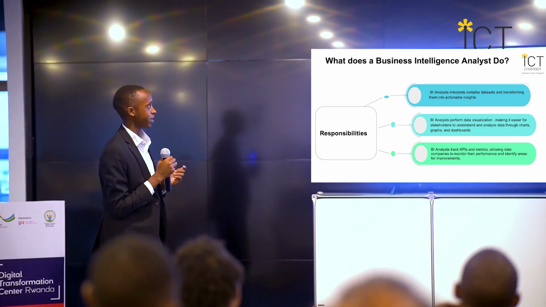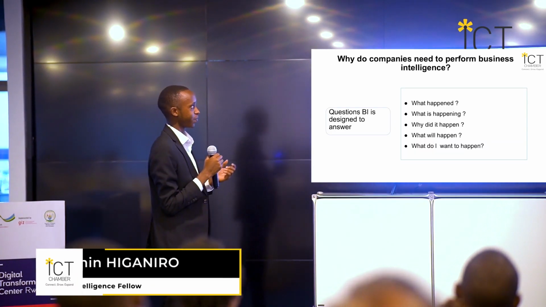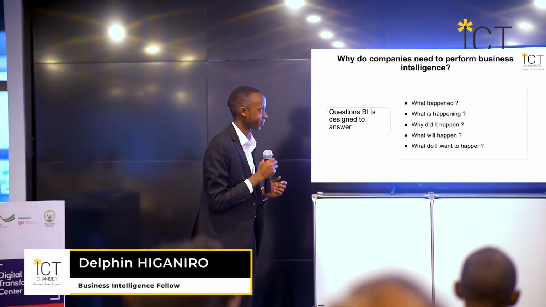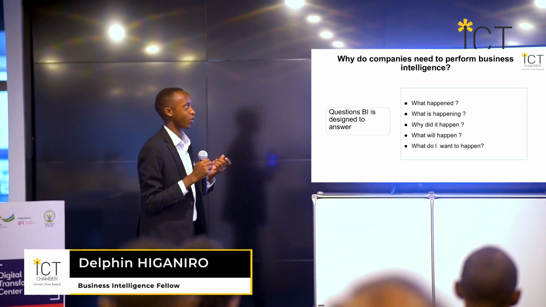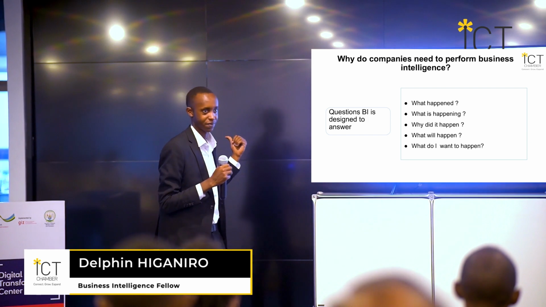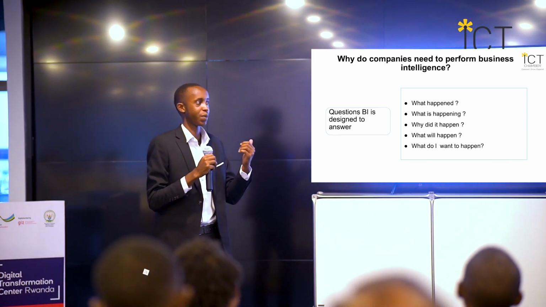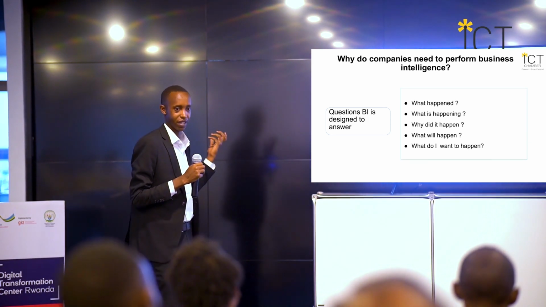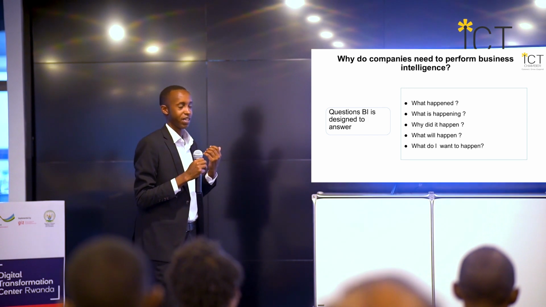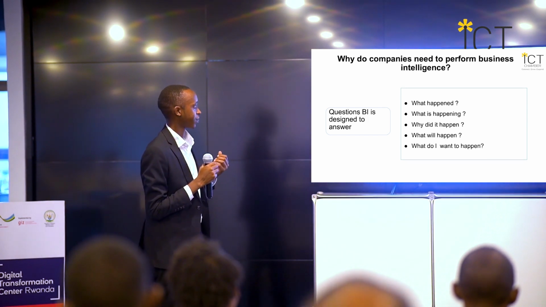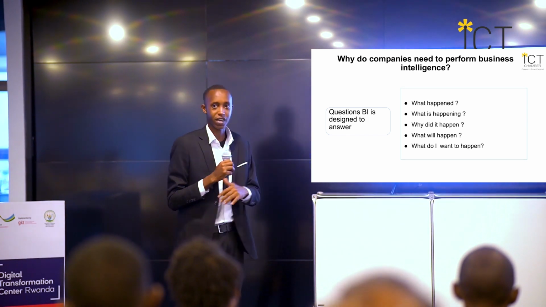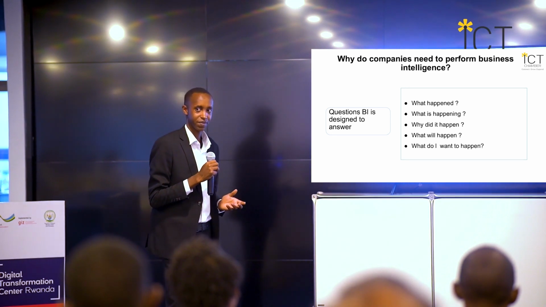Why do companies need to perform business intelligence? First of all, we need to know what happened in the past, to see the performance of the company in recent years. The second thing is we need to see what is happening currently in the business.